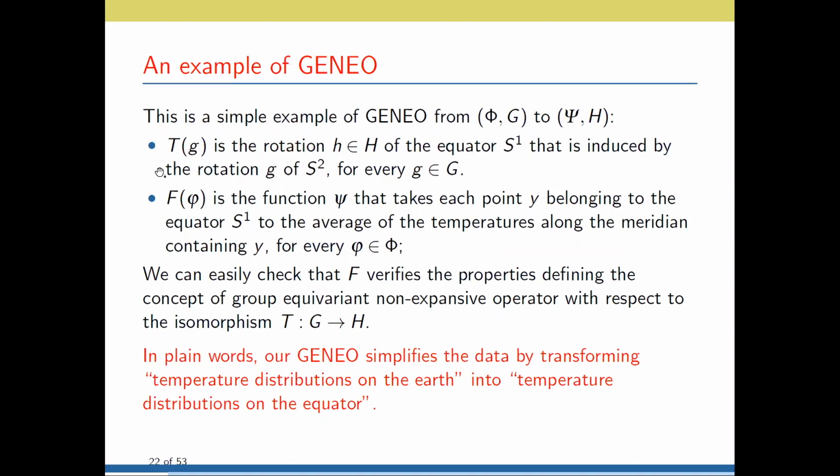We can easily check that F verifies the properties defining the concept of group equivariant non-expansive operator with respect to the isomorphism T. In plain words, our GENEO simplifies the data by transforming temperature distributions on the Earth into temperature distributions on the equator. By doing that, you are forgetting a lot of things, but you are simplifying the data. And you do that in an equivariant and non-expansive way.